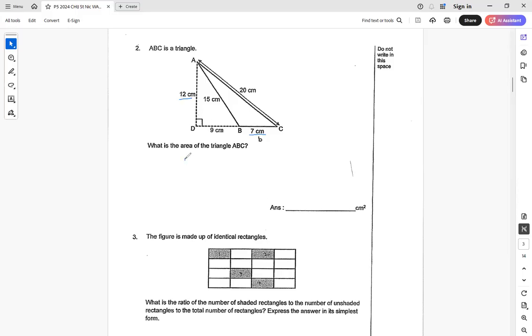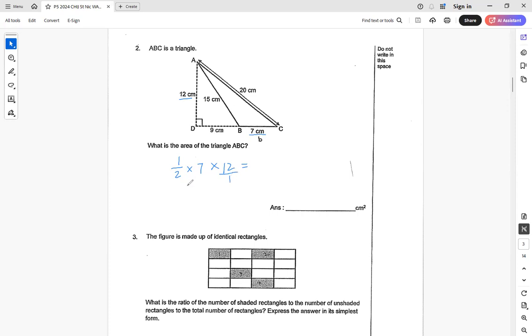So let's take half. Wait, sorry. Let's take half times the base of 7 times the height of 12. You can either use your calculator or do your own calculations without it. So I make this into a fraction.